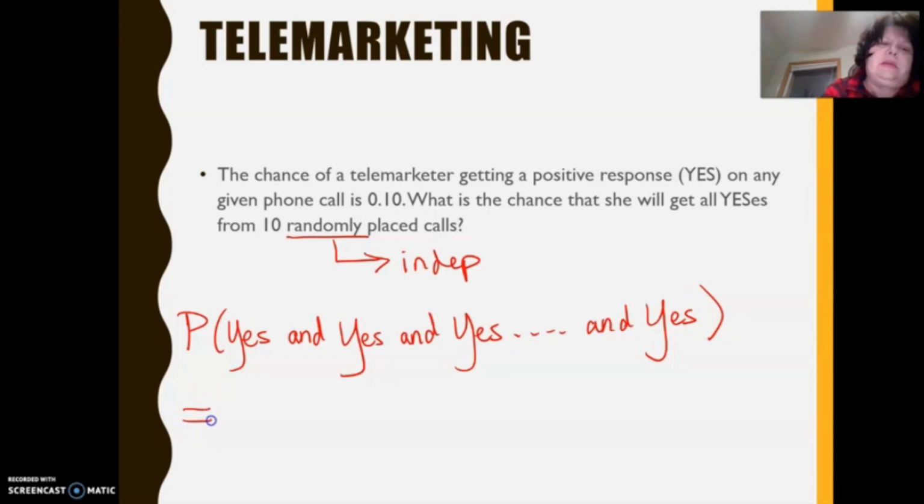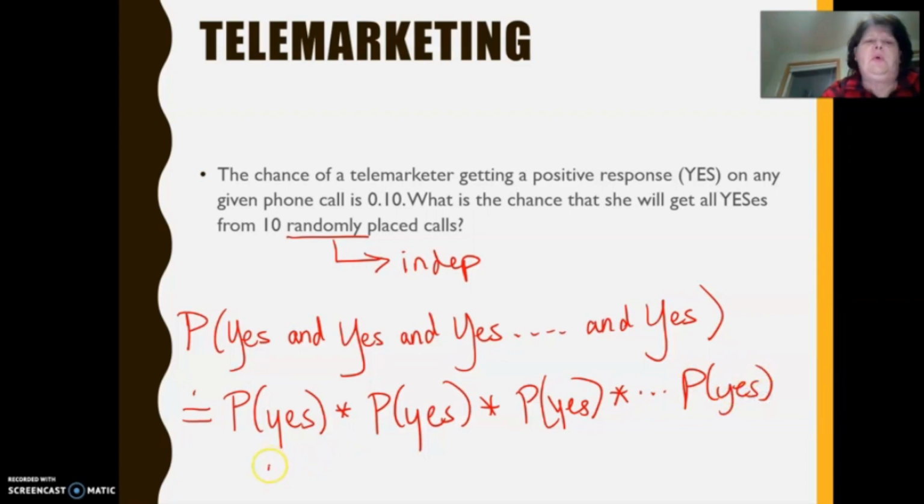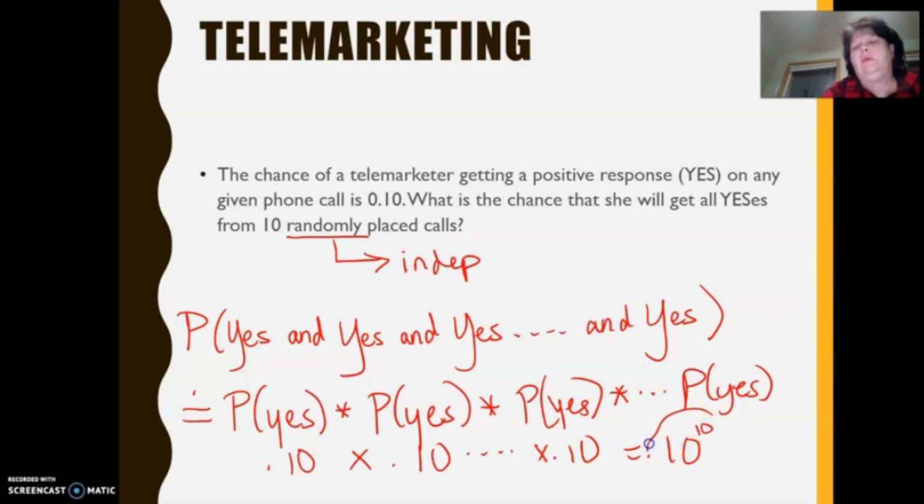Well, because they're independent, you don't have to worry that the second person depends on the first person and the third person depends on the first and second person, etc. You just say, okay, that's the probability of a yes on the first person times probability of a yes for the second person times probability of yes for the third person times ... probability of yes on the last person, which is 0.10 on each one, which is 0.10 to the 10th power, which is going to be a small value.